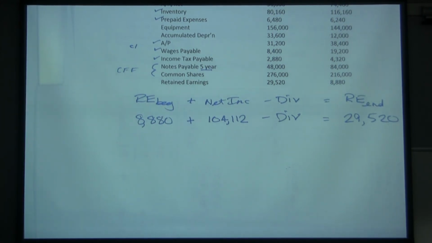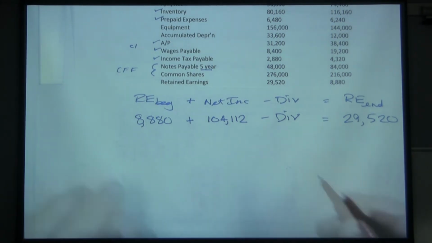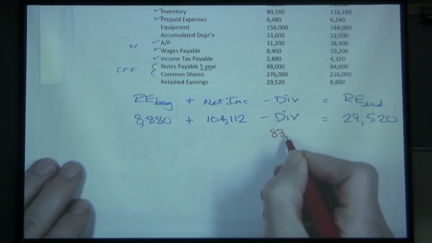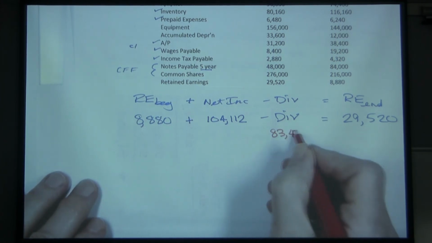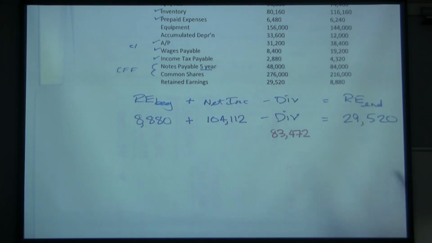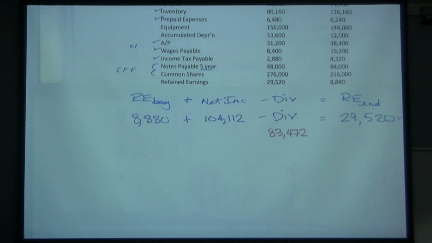Okay, so now we can fill in our dividend amount, which is much bigger than it should be, just the way it worked out. 83,472. Usually dividends are a lot smaller than net income, but that's the amount of dividend we paid in order for us to get the ending retained earnings there of 29,520.